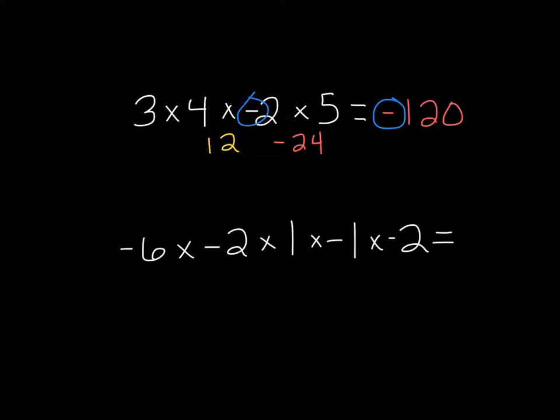Okay, and then looking at the next example, negative 6 times negative 2. Those are like, so that's actually going to be a positive 12 times 1 is still positive 12 times negative. Now we have a positive times a negative, so that's negative 12. Then you have negative 12 times negative 2. That's a negative times a negative, which is a positive.